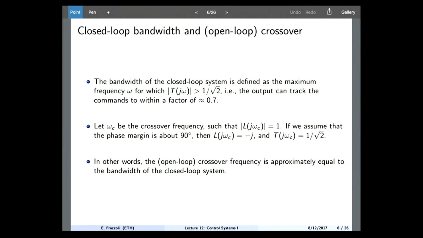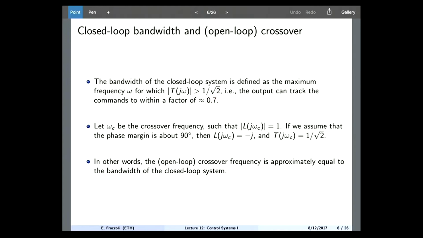Okay? Last, an additional specification you can have is a specification of closed loop bandwidth. Essentially what we say is that we want our response, our output, to match the input up to a magnitude factor of 0.7. So essentially we want the magnitude of the output to be at least 70% roughly of the magnitude of the input.